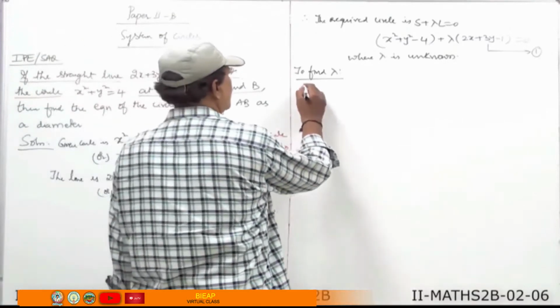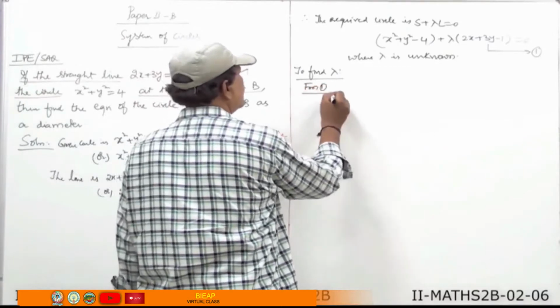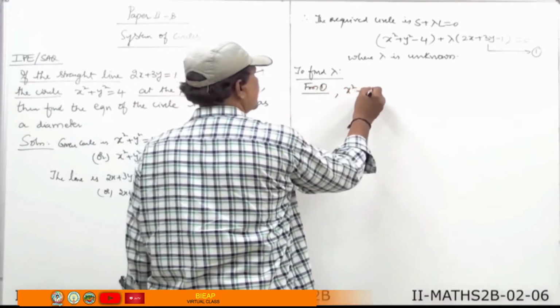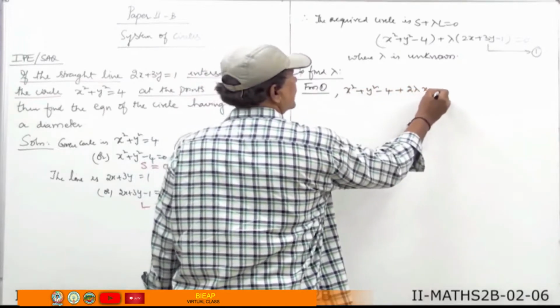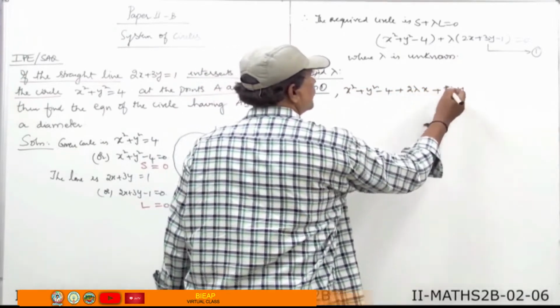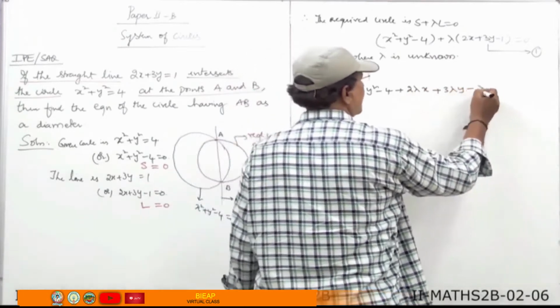To find lambda from 1, x square plus y square minus 4 plus 2 lambda into x plus 3 lambda into y minus lambda equal to 0.